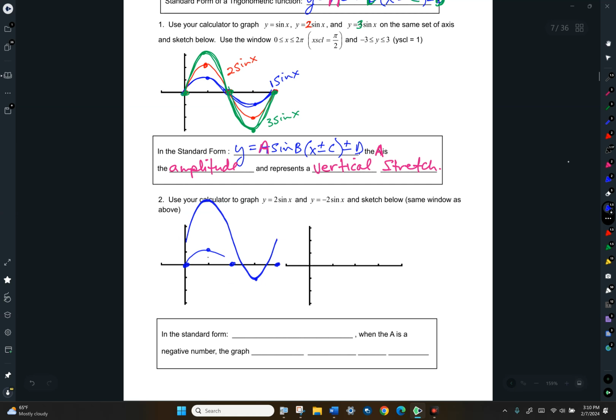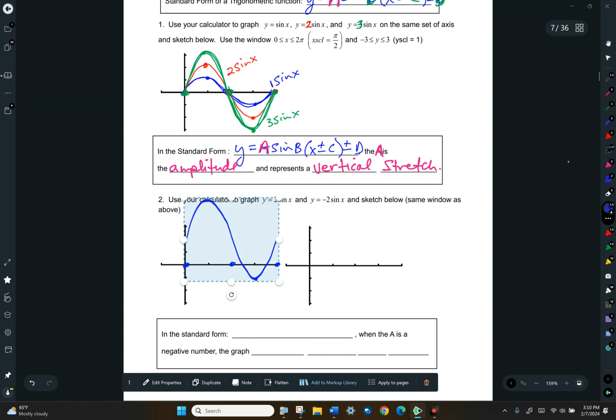Now let me get rid of this thing. If I were to take that and move it back down to where the original was, do you see how it just looks like I stretched it out? Or you could say, hey, what if I want to shrink it up really flat? It's the same basic shape. It's just that you can either squeeze it up or stretch it out. So we call it a vertical stretch. Okay.